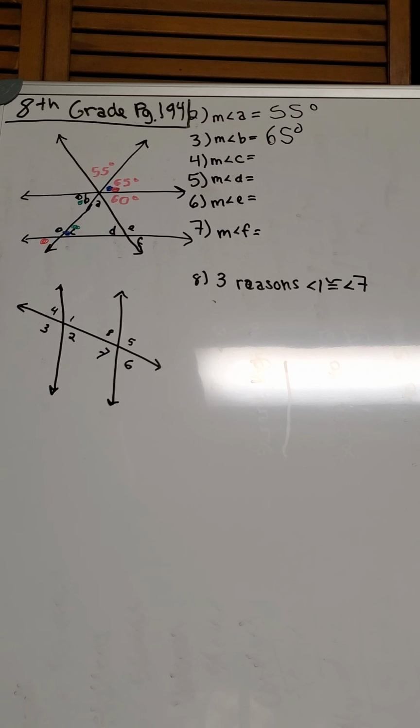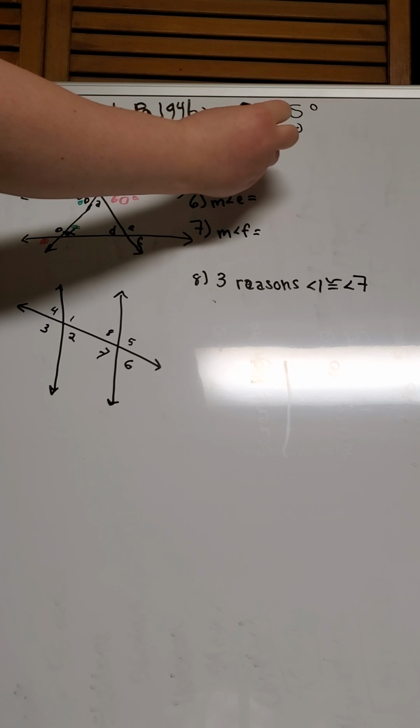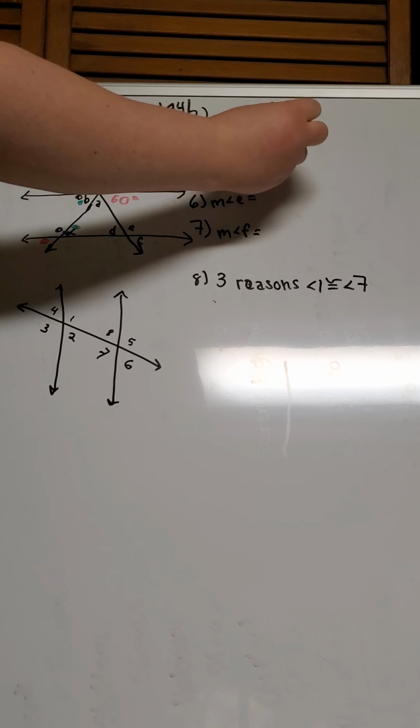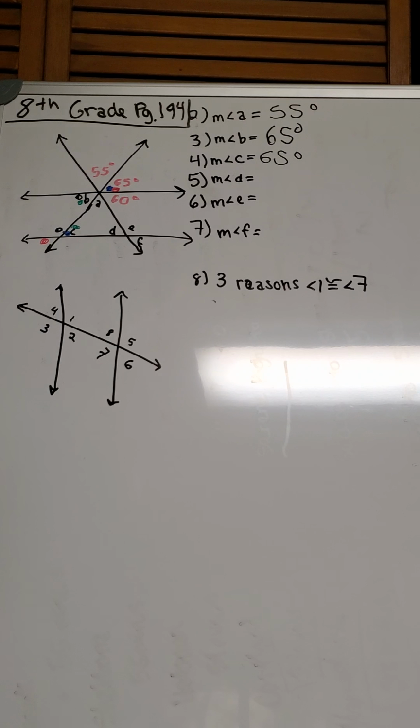Angle C, this one we're going to have to think about for a second. It's down here with a blue dot, and I have a blue dot up there. Do you remember earlier I said those two were corresponding angles? They're in the same location, so they're congruent. So this one is 65. So there are the first three.